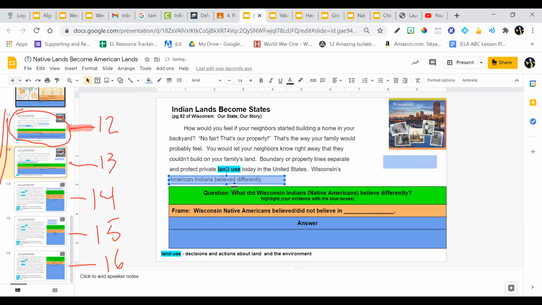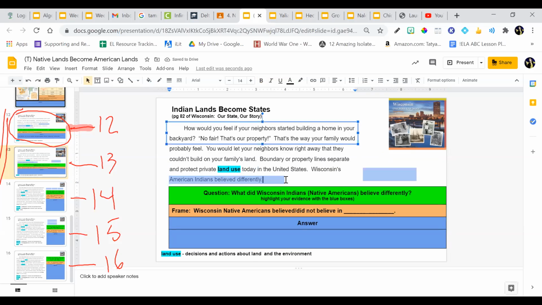Okay, so it says right there, American Indians believe differently, and that's what it says here, right? Yep. So I'm using that, but does it tell us what they believe? Does it tell us that part? No, it doesn't tell us that part.